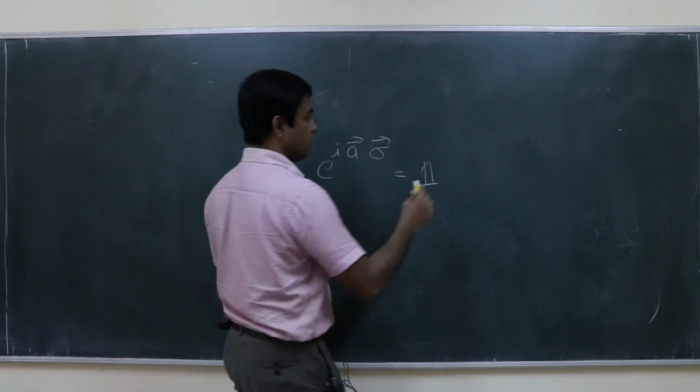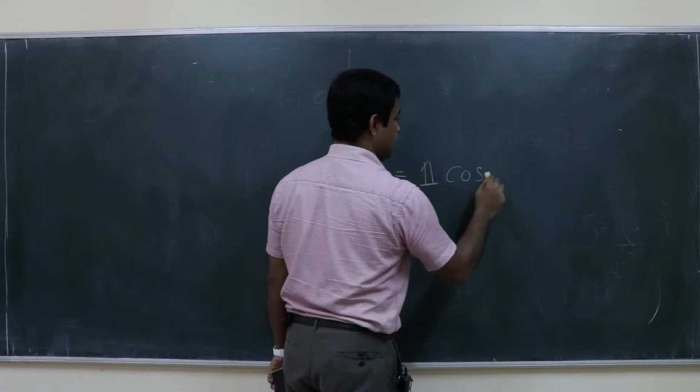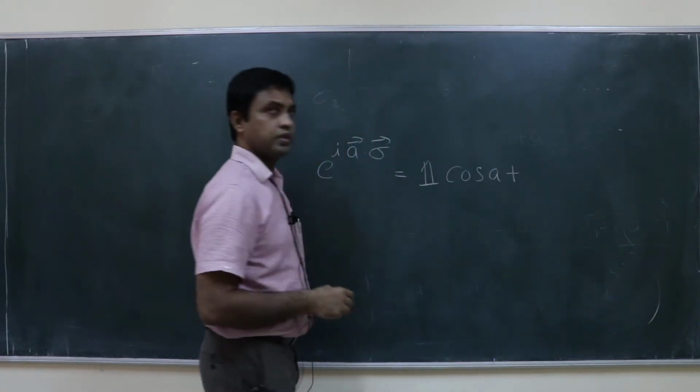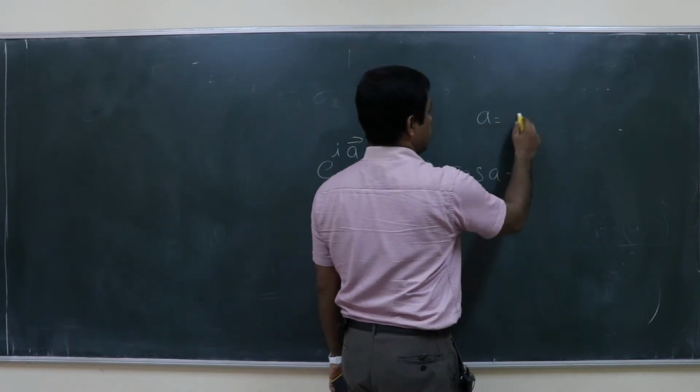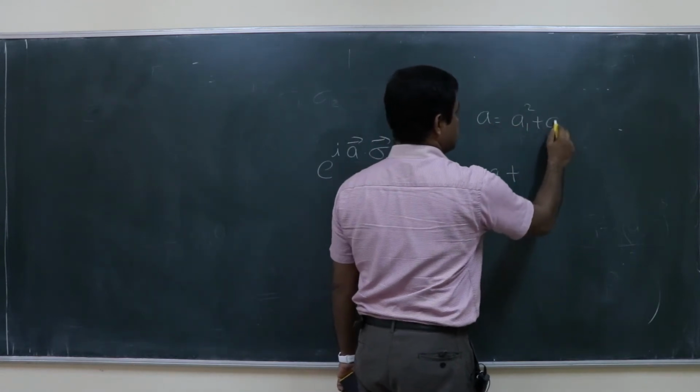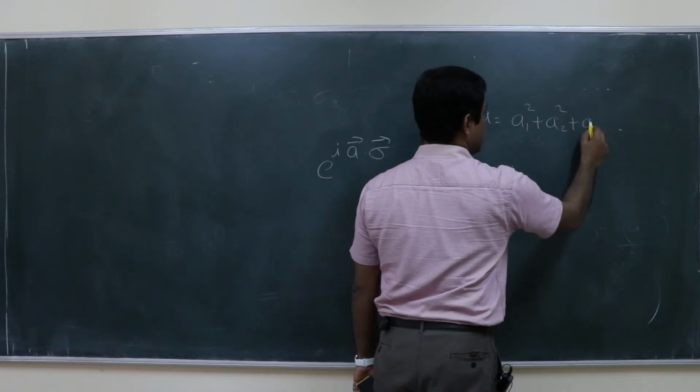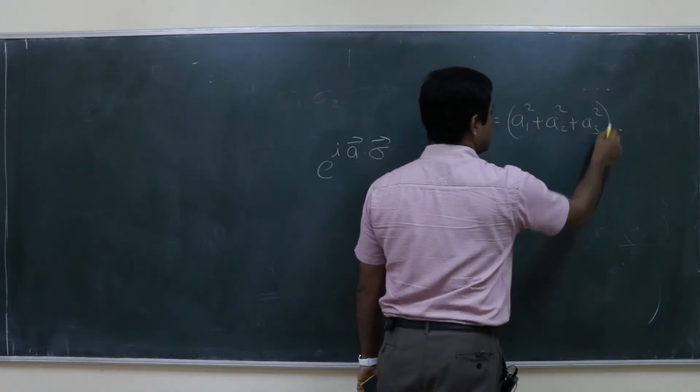So this is nothing but I cos A plus i A dot sigma divided by A times sin A, where A is equal to (A1 square plus A2 square plus A3 square) power 1 by 2.